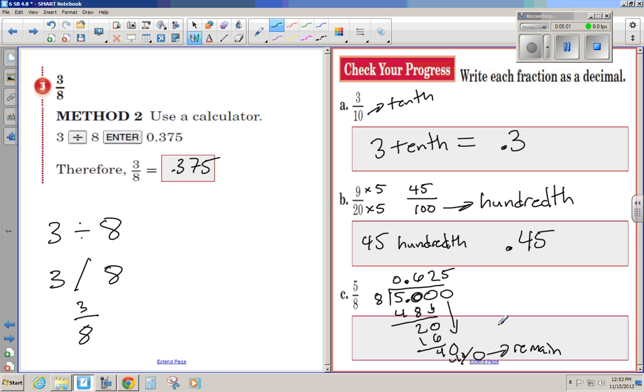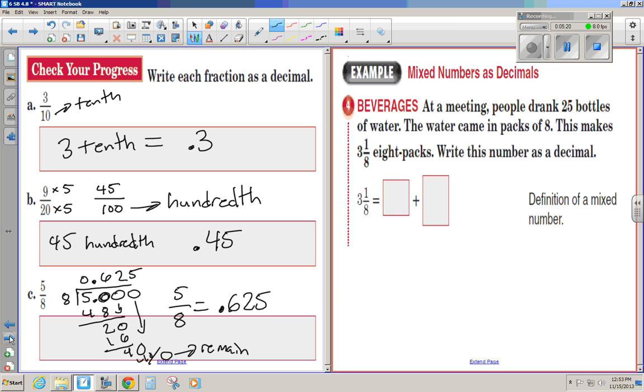So once you have a remainder of 0, you know that your answer is done. 5/8 is equal to 625 thousandths. I know I went through that fairly quickly, but go ahead and rewatch the video and pause it whenever you need to.